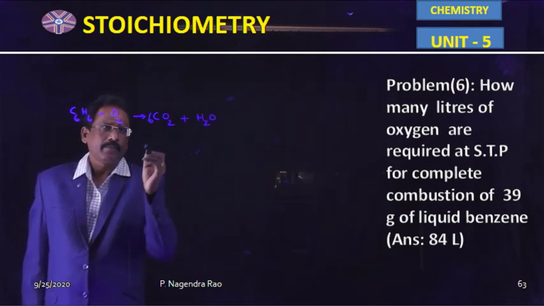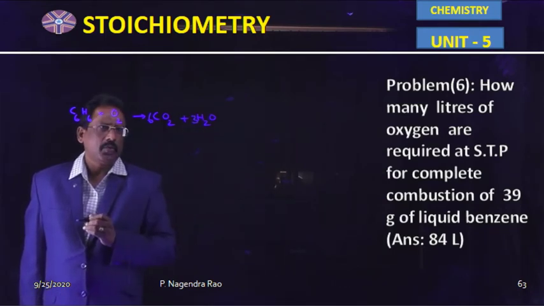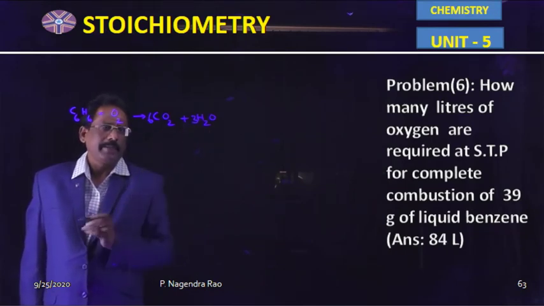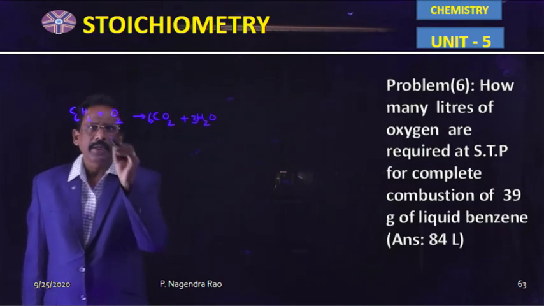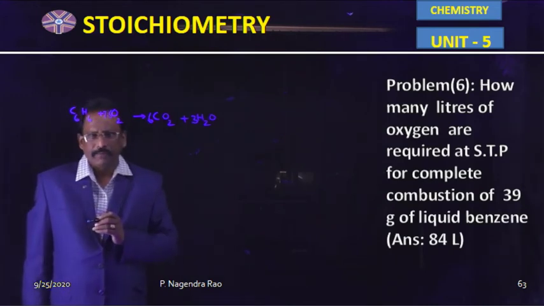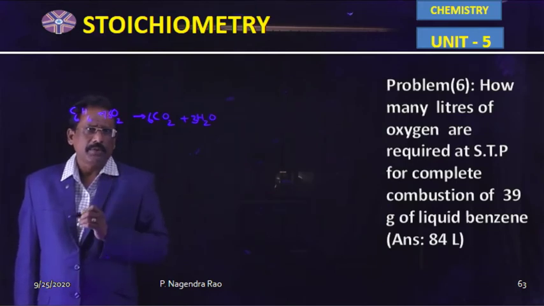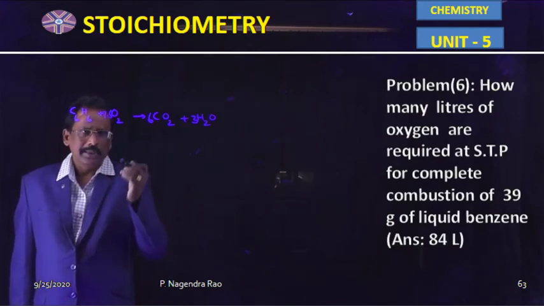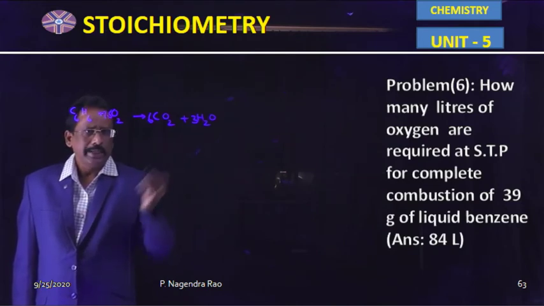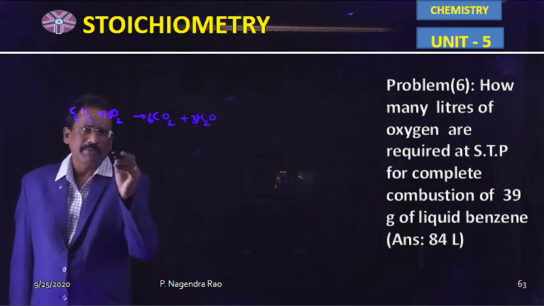And here there are 6 hydrogens, that's why 3 H2O, and the oxygen number is 12 plus 3, 15, that's why here the coefficient is 7.5. So 1 mole benzene requires 7.5 moles of O2 and produces 6 moles of CO2 and 3 moles of water vapor.